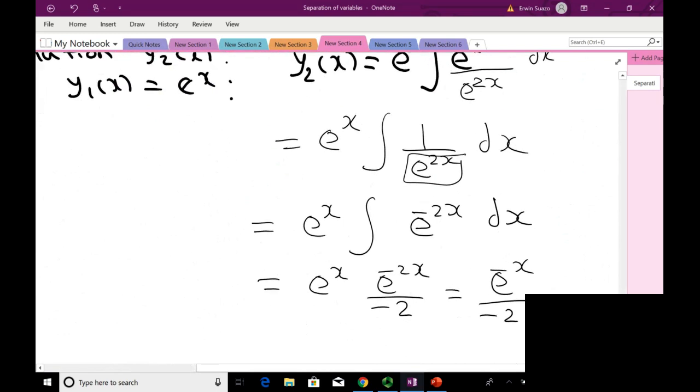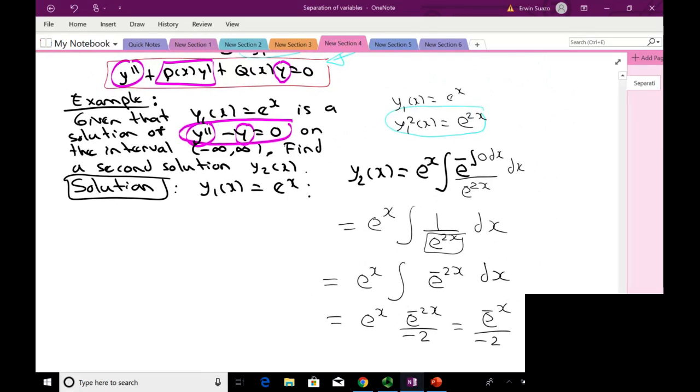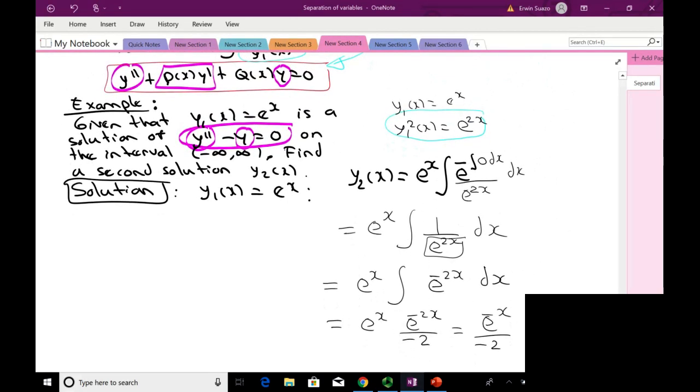So that's your function. Let's check that this is correct. Let's check it works, because so far it's just faith, right?